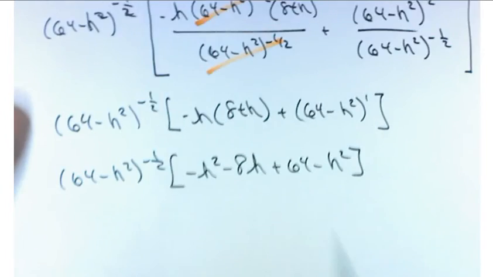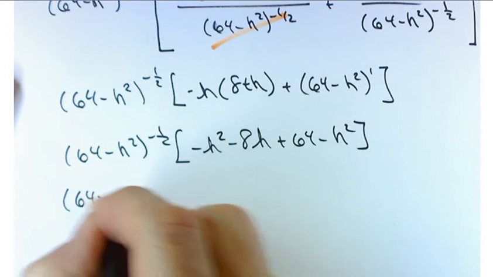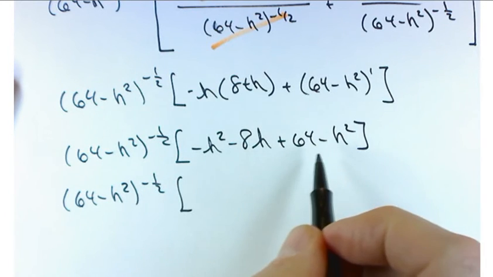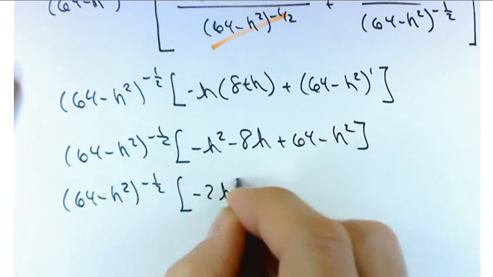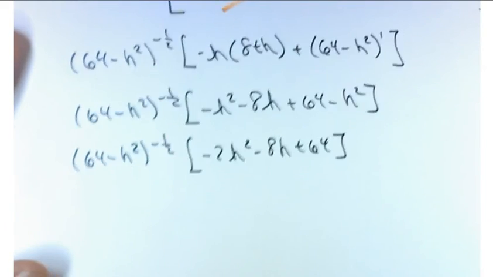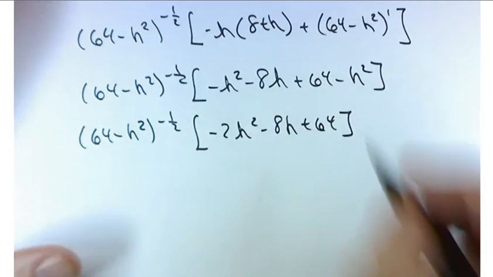And there are like terms that I can collect. So when I collect like terms, I get minus 2h squared minus 8h plus 64. And finally, we're getting this closer to something that I can deal with.